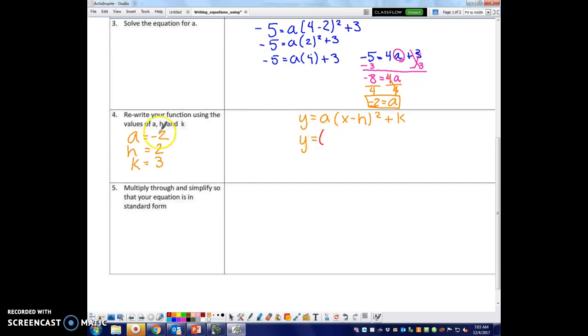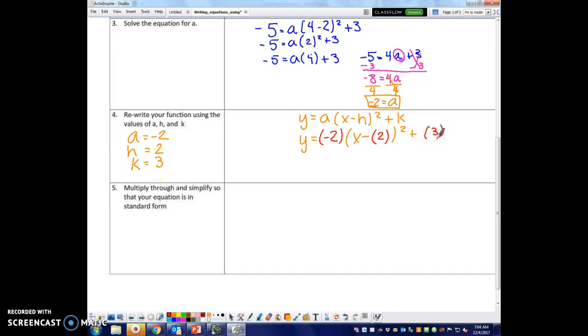A was negative 2. X minus, what's h? H is 2. Squared plus, what is k? K is 3.